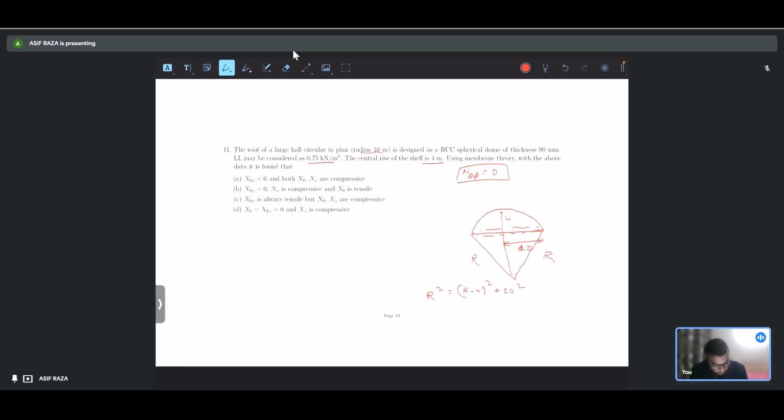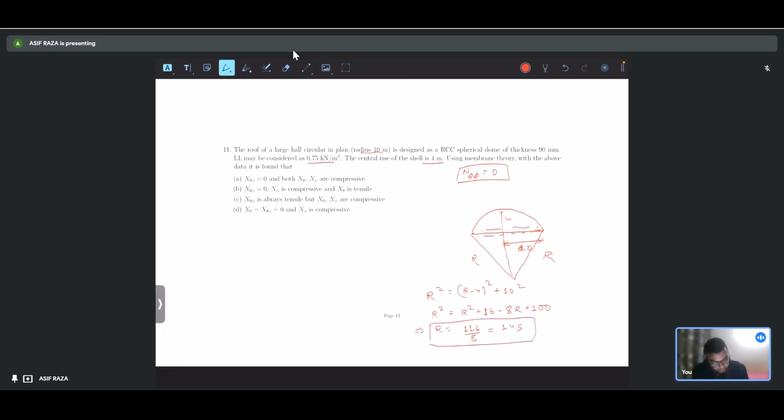So this will give me R square plus 16 minus 8R plus 100, so this gives me R is equal to 116 by 8, which is equal to 14.5.